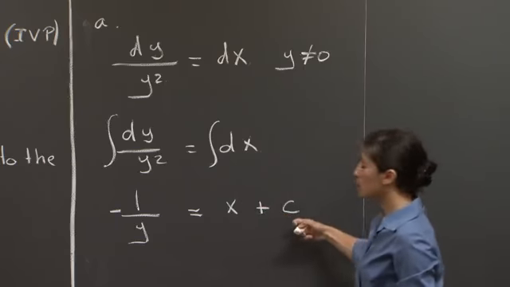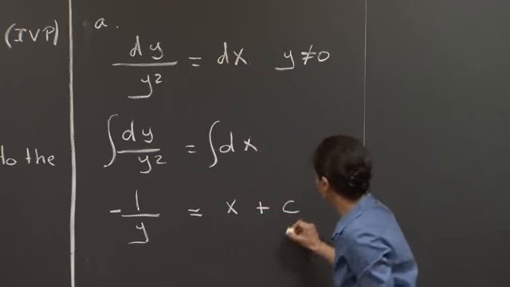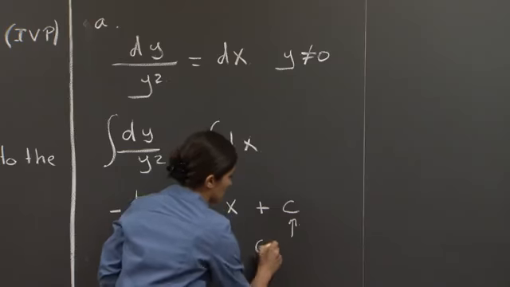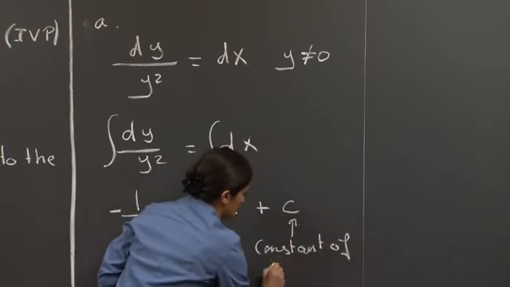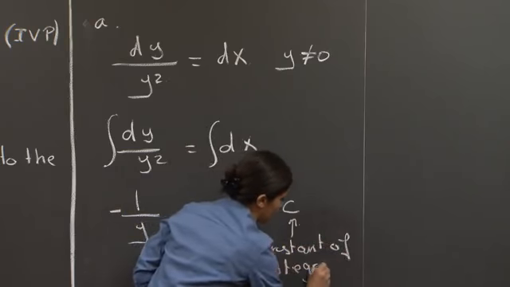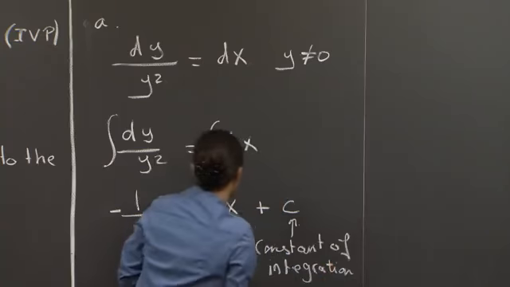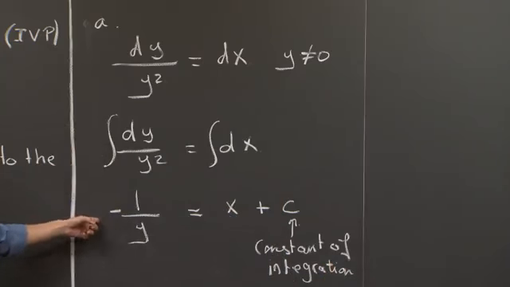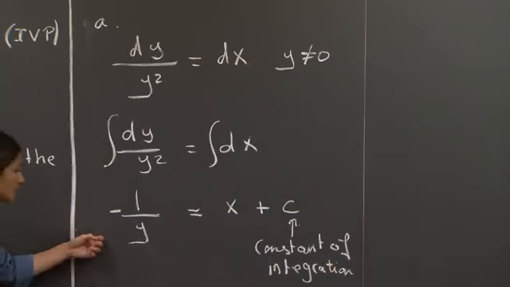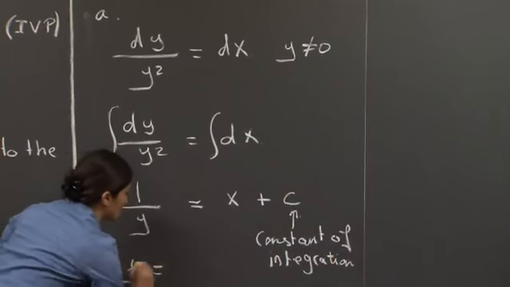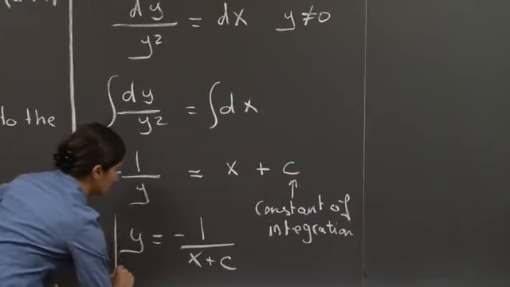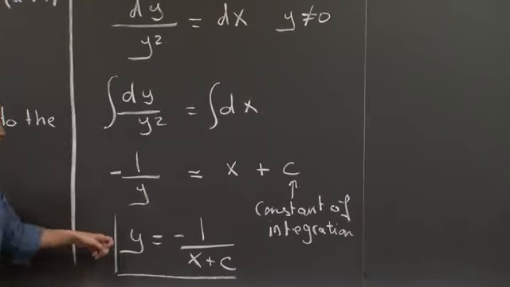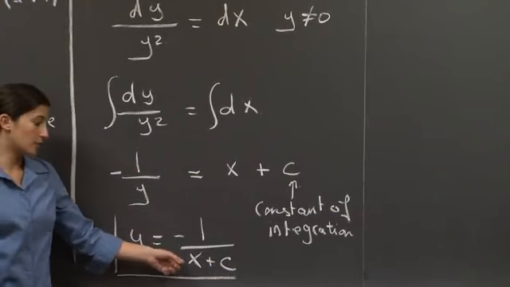So we group them together on the right-hand side with constant c. From this point, given that we're interested in variable y, we just need to invert the expression. And that gives us a partial answer, which is y(x) equals minus 1 over x plus c.